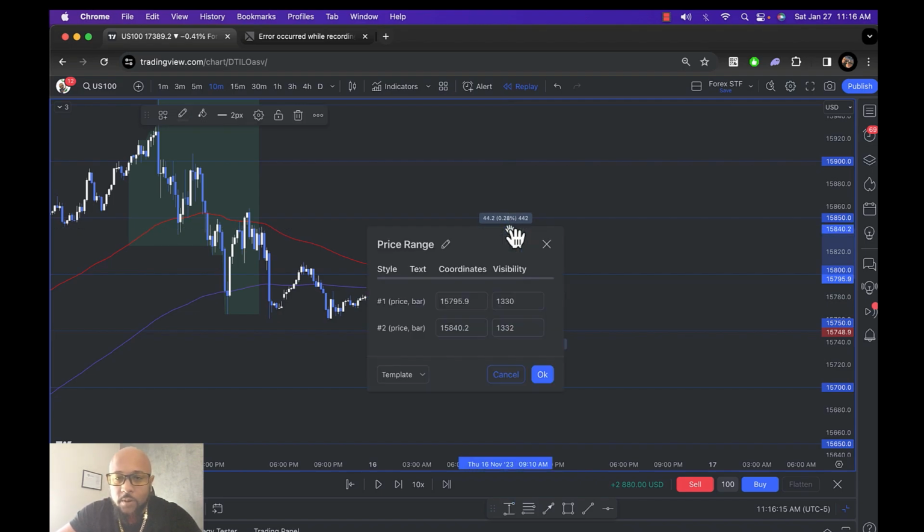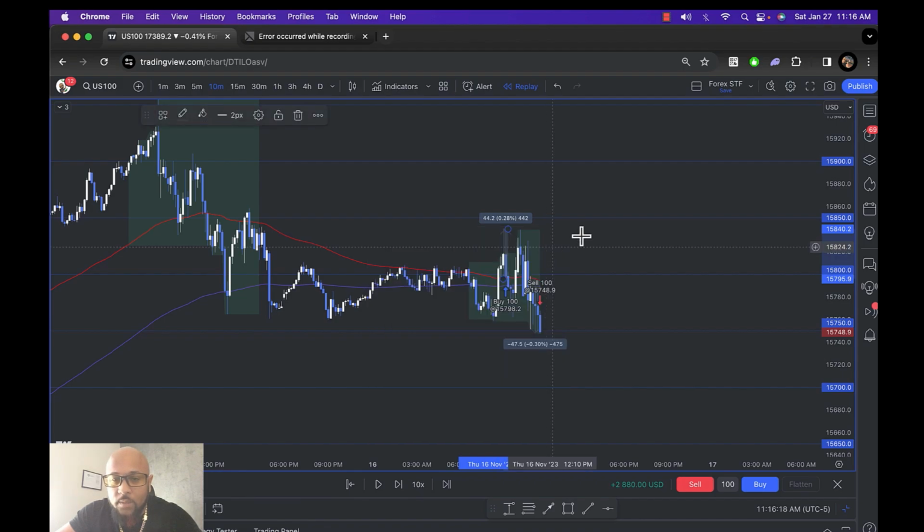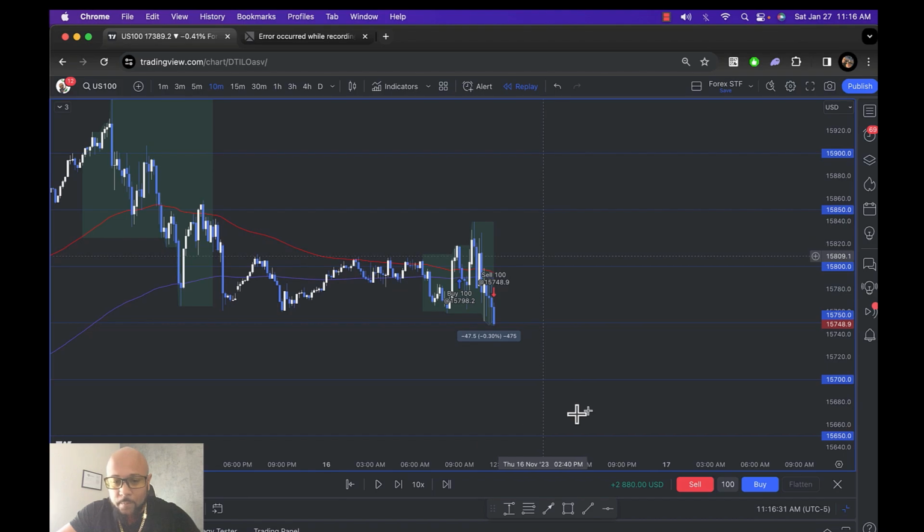So you were in profit quite a bit before getting stopped out. So you had a small retracement, you were in profit, then it consolidated. By the look of this price action, there was probably news coming out as well. All right, so let's keep moving forward.